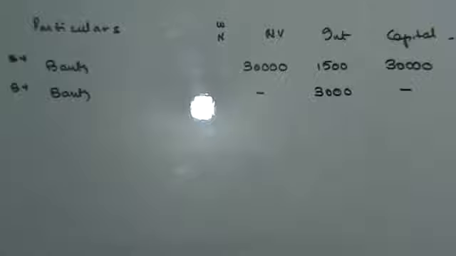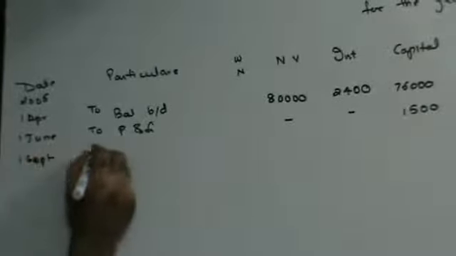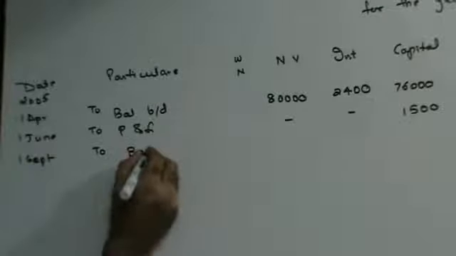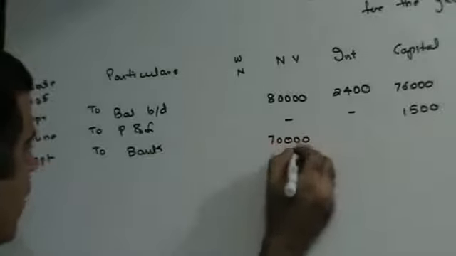Next, we finish first 30th June. Now 1st September, purchased at 98 ex interest. On 1st September, purchased to bank. You have purchased 700 debentures of 100 each.